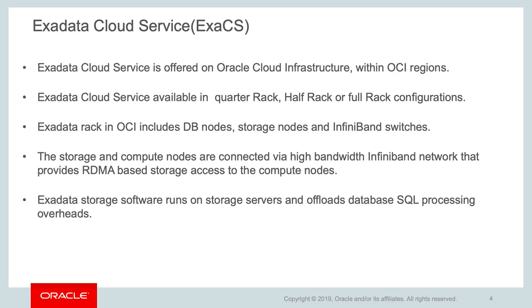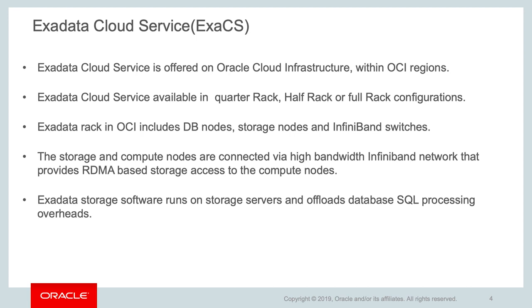It comes in different shapes: quarter rack, half rack and full rack configurations, and users have an option to pick the desired shape during provisioning based on their subscription. Online dynamic scaling of OCPU resources is available in every Exadata Cloud Service shape so that customers can pay only for the OCPUs that they use. That way, they are able to reduce the cost compared to traditionally purchased platforms.